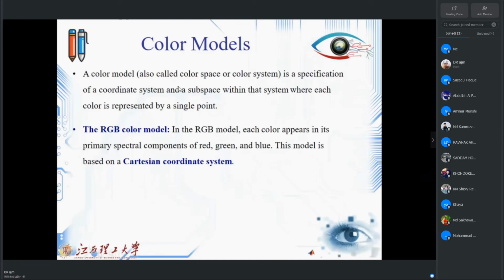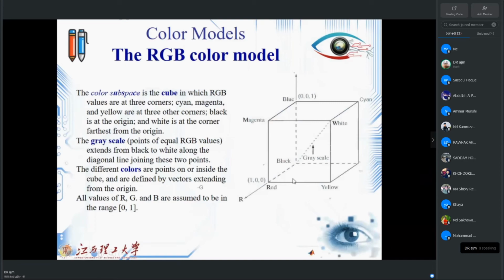You will see here I have the coordinate system of blue, red, and green, based on this 3D coordinate system, or cube, I can have some values of RGB. Suppose you see the blue, I have 0, 0, 1, meaning I have pure blue color. And if you see the red, I have the pure red color. And here, I have the pure green color.